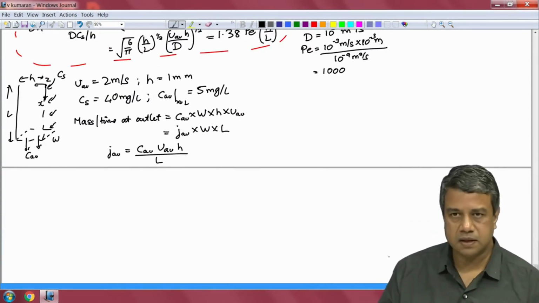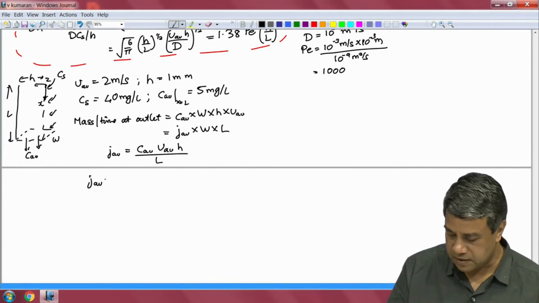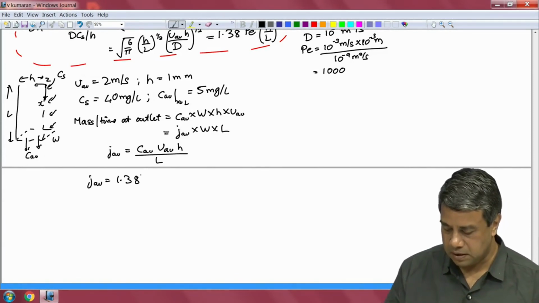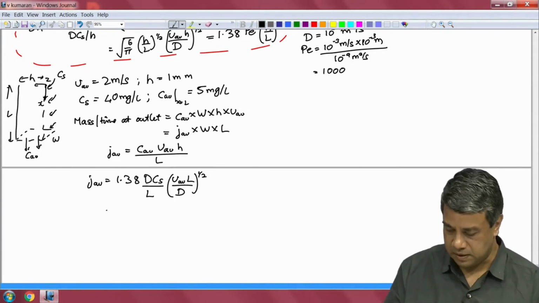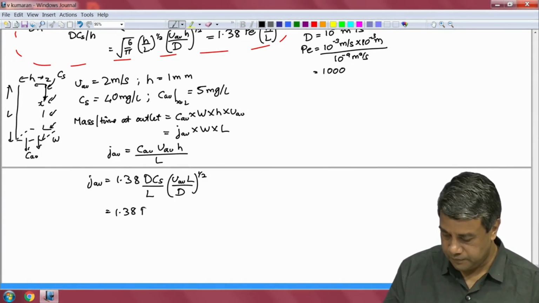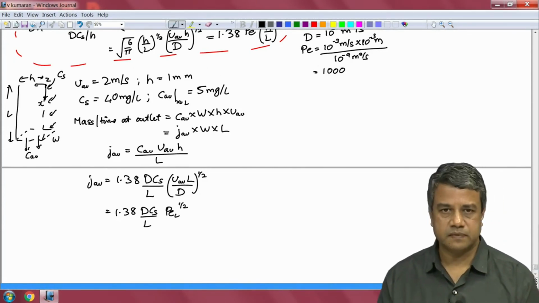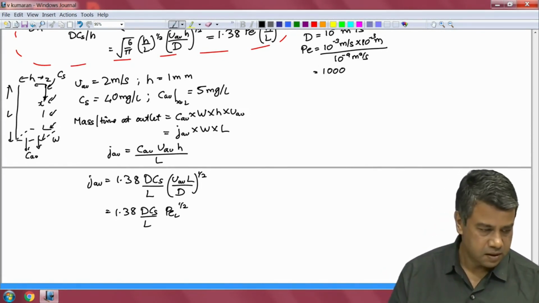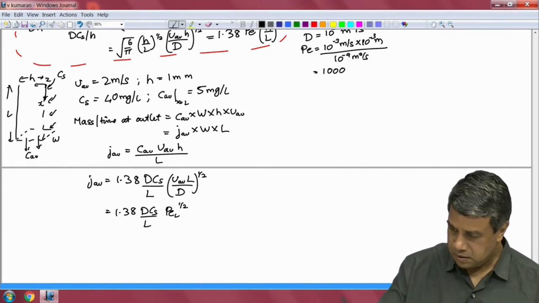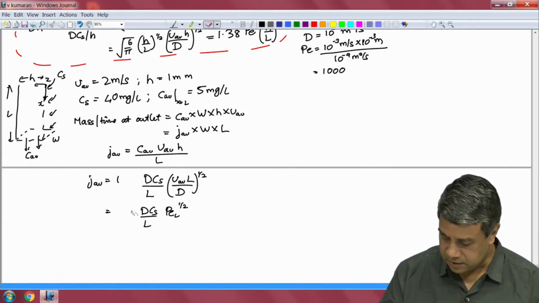Recall that the correlation we had for the average flux was J average is equal to 1.38 D Cs by L into V average L by D to the power half, when expressed in terms of Pe_L, the Peclet number based upon L. I will just use root of 6 by pi here, so that it is easier.